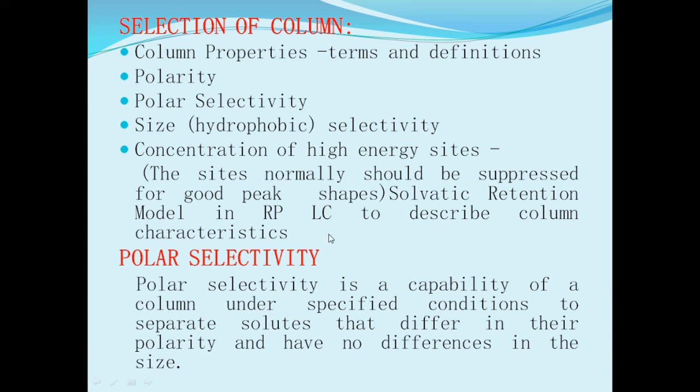Solvatochromic retention model in reverse phase liquid chromatography is used to describe column characteristics. Polar selectivity is the capability of a column under specified conditions to separate solutes that differ in their polarity and have no differences in size.